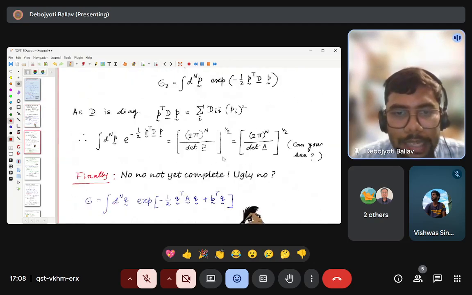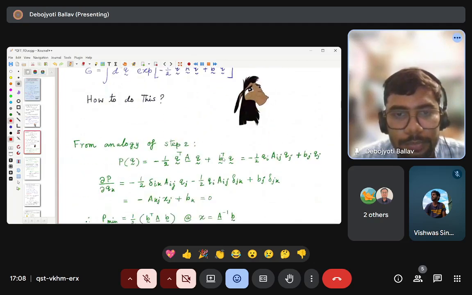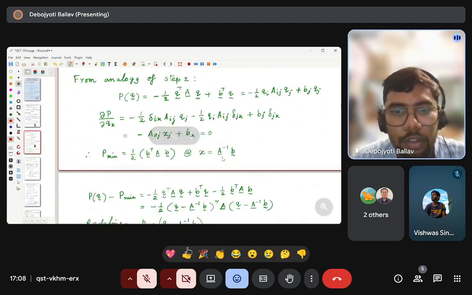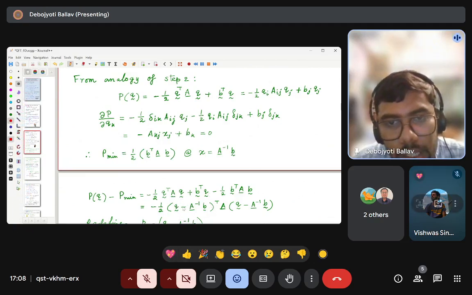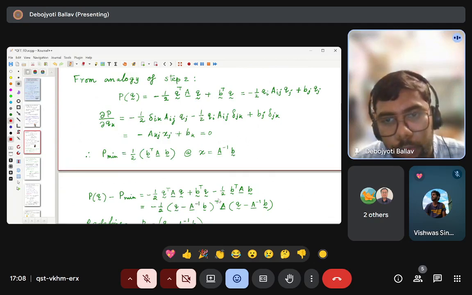So you can do it by analogy, nothing else. Now you subtract your P minima from P of q. You subtract and take it common, and you'll get a new kind of array, which is Q minus A inverse B transpose A Q minus A inverse of B.